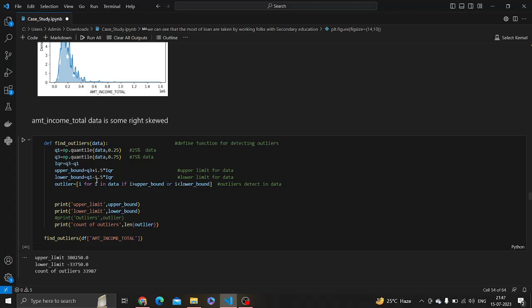Outlier is nothing but, in this data there is a range of amount of total income from like 50,000 to let's say 2 lakhs. So these are the data we have. But in only one or two records we found a person who has a salary of 5 lakh. So there is a difference of about 3 lakh from the main data set. So we can say that the 5 lakh is nothing but the outlier. That is the thing of outlier.